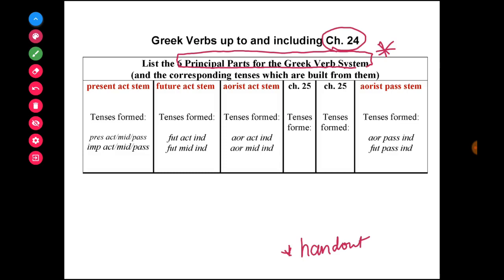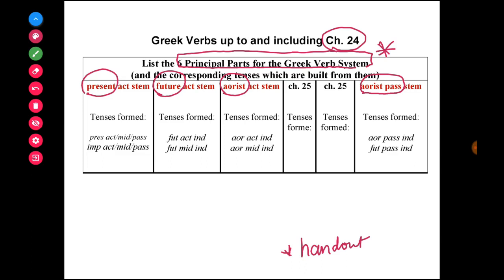So far, for the tenses we've learned, you've learned the present tense, the future tense, and the aorist tense, and you've learned not only the future and aorist tenses in the active and middle forms, but you also learned the aorist passive forms, which are special and separate from the active middle forms.